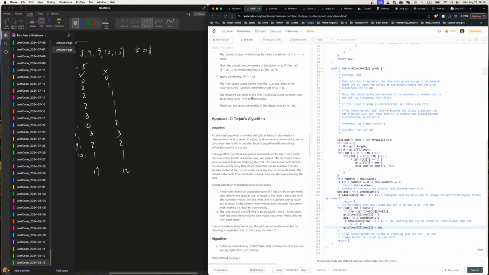The child cannot reach any ancestor of the current node without going through the current node.